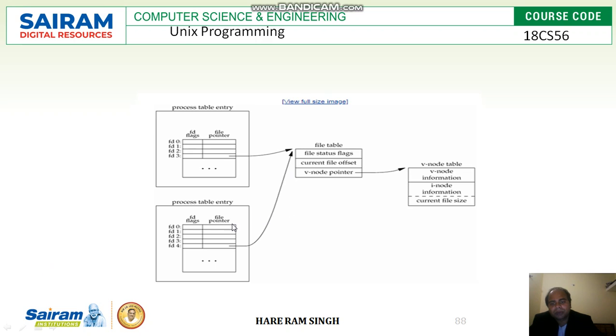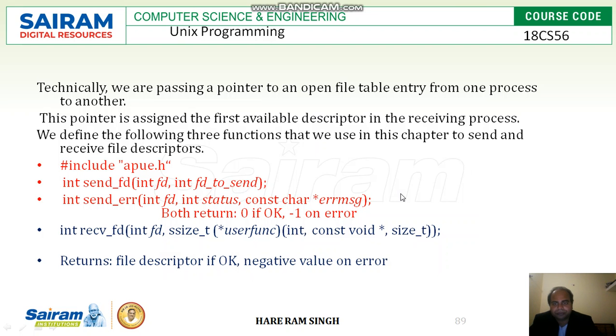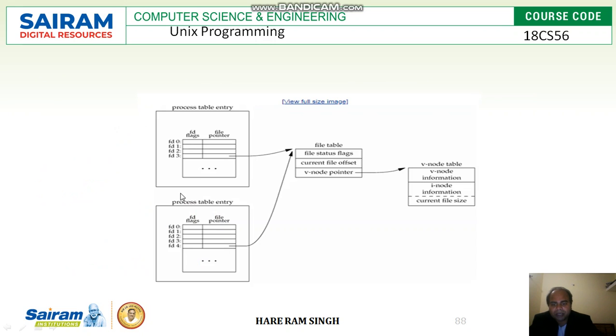So if this process wants to send the file pointer to this process, they have to share the same file table, and both point to the same thing. Technically, we are passing a pointer to an open file table entry from one process to another process.